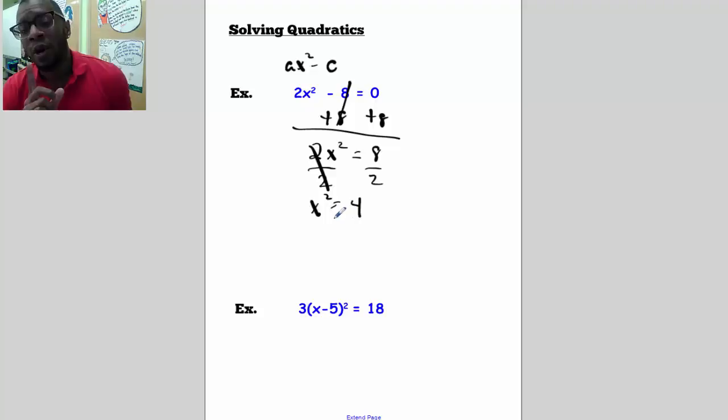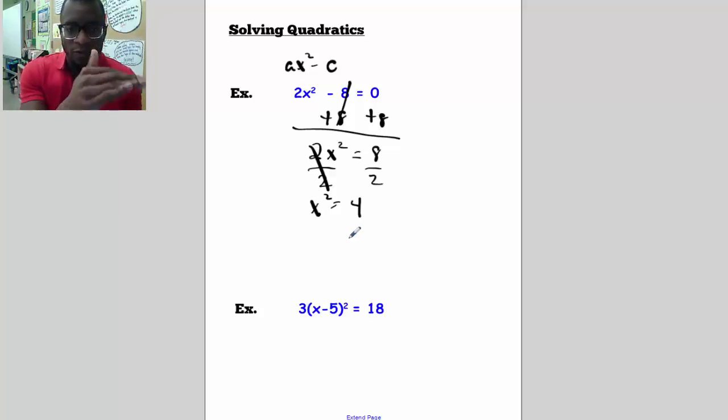And now, what I want to point out is that when we dealt with linear equations, once we got to our last step, we were left with variable equal to a constant, where the power on the variable was 1. Here we're going to have an extra step, where we see that we're left with x squared equal to a constant, or a variable squared equal to a constant.